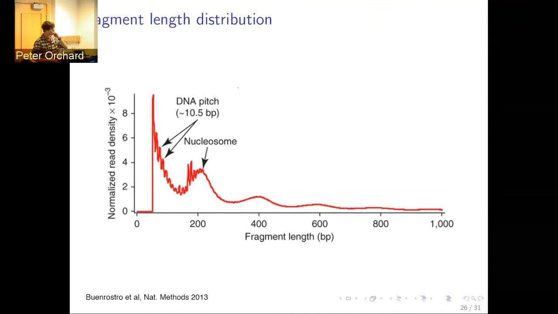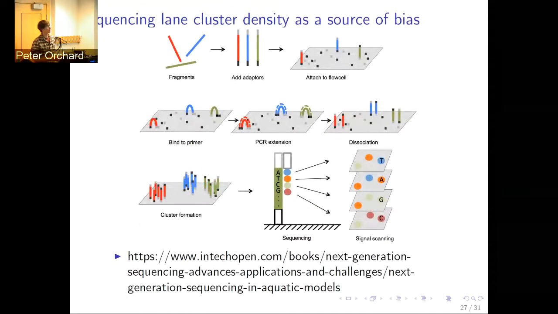One way that this occurs in real life is actually related to the way in which DNA is sequenced. When you perform modern Illumina sequencing, you're taking your DNA fragments, you add on your sequencing adapters, and when they go into the machine, they bind to this thing called a flow cell. The DNA sticks to the flow cell with one end.